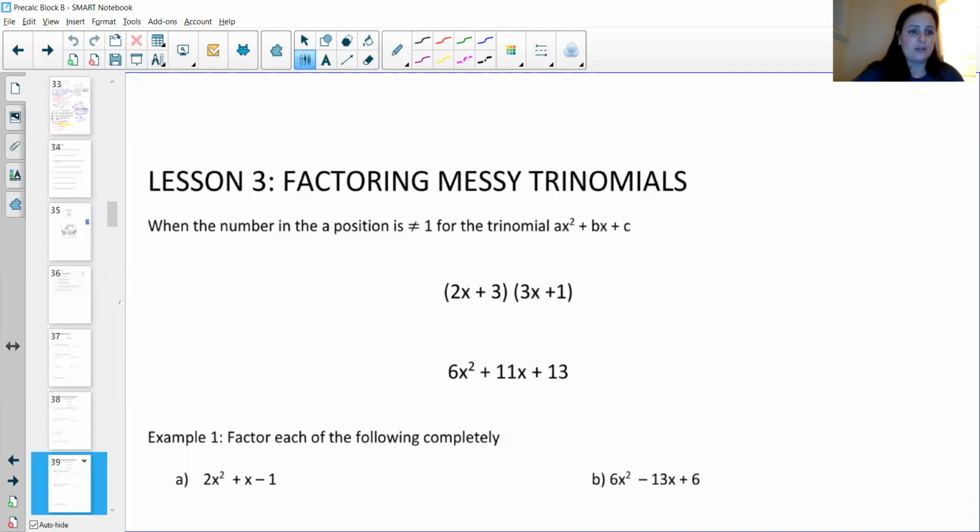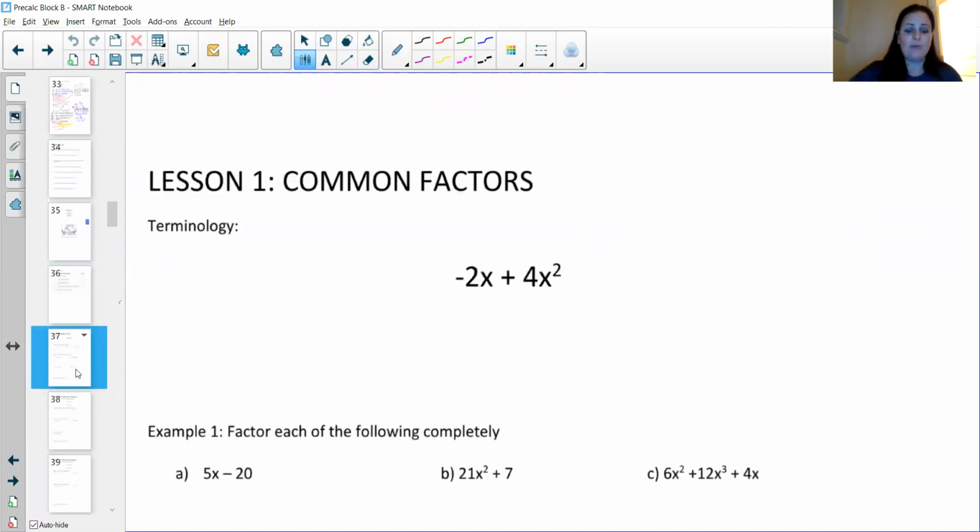So to do that, we're going to continue on with those note packages that I wonderfully and painstakingly prepared for you with Unit 3, which is factoring. So if you can get those notes out, we're going to continue on with Unit 3. Now, if you don't have your notes, if you lost them or they're still in the school and you're not able to retrieve them, I am going to try to post them on the Teams and on the website so that hopefully you can just print off the applicable ones.